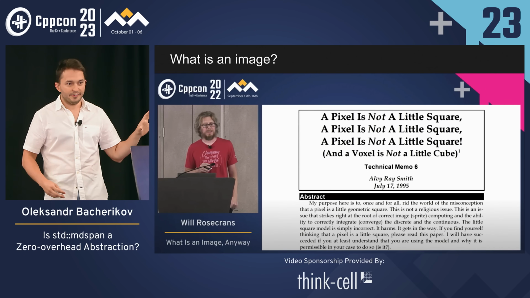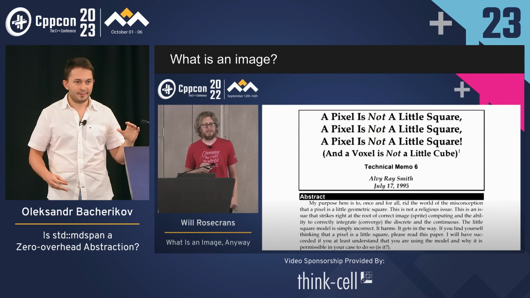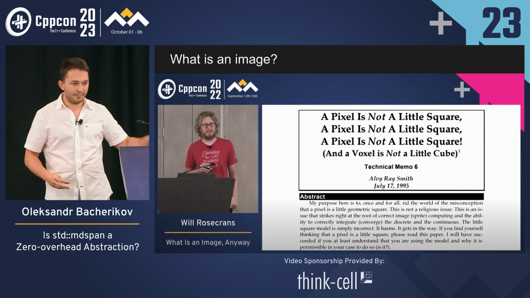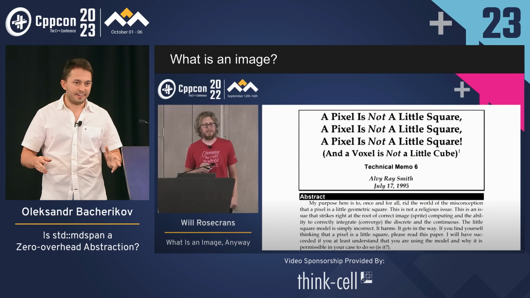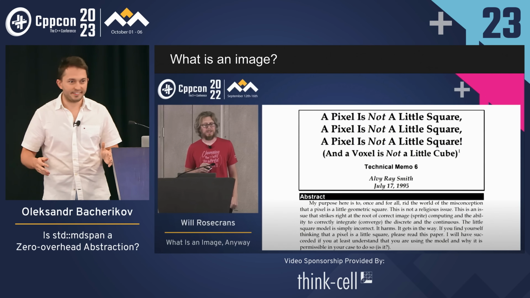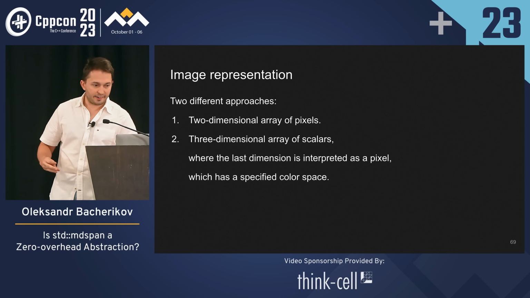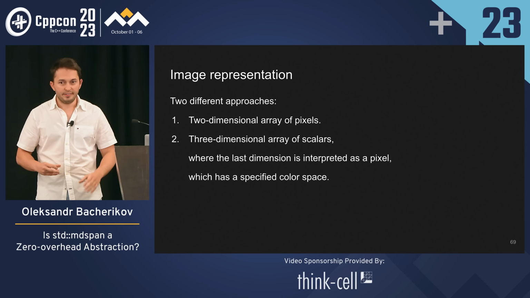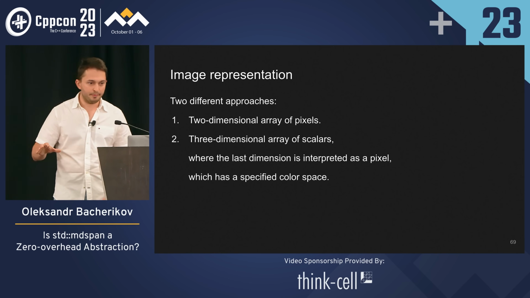I won't try to fully answer the question, what's an image, in this talk. For that, I'd refer you to this talk from a previous CppCon. And even that talk doesn't answer this question fully in an hour, so I won't even attempt. But for our case, we can focus on the image representation for the simplest images.